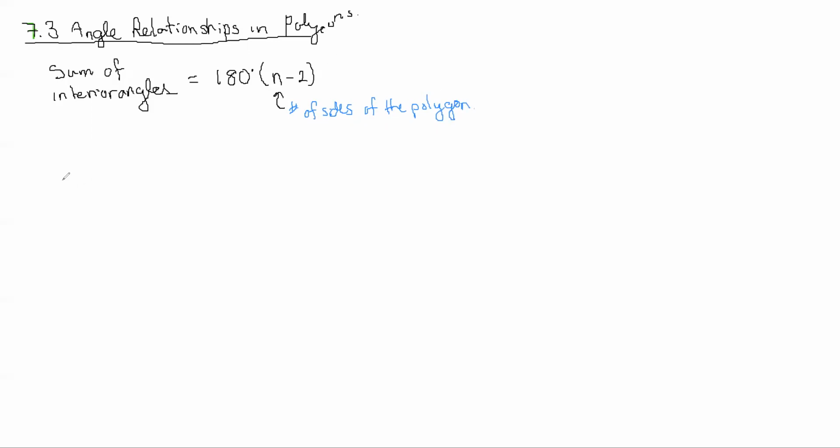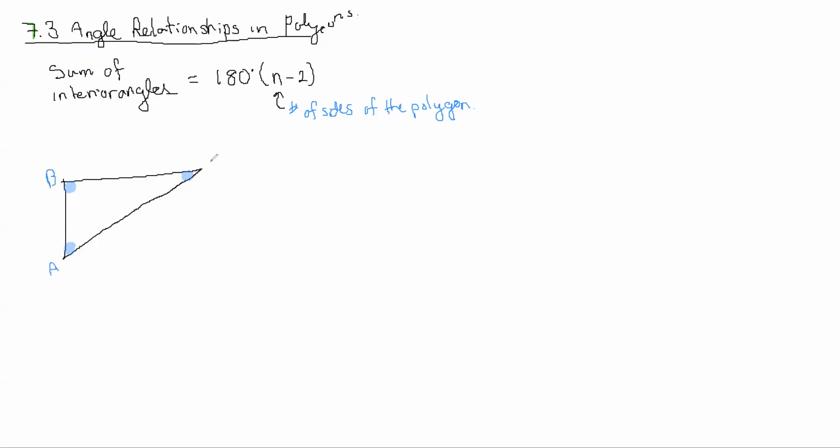Okay, so let's get to it. Food for thought. Here is a triangle. Without me giving any detail about these angles, this angle and that angle and that angle, what does that add up to?